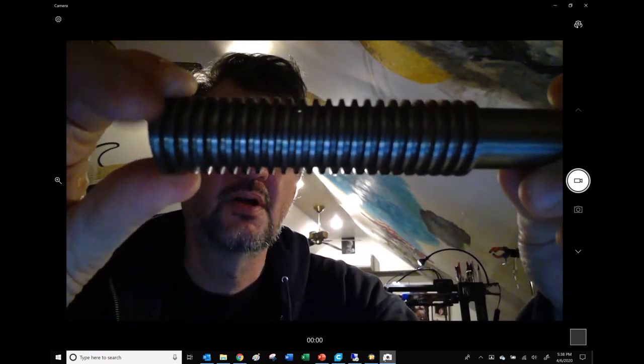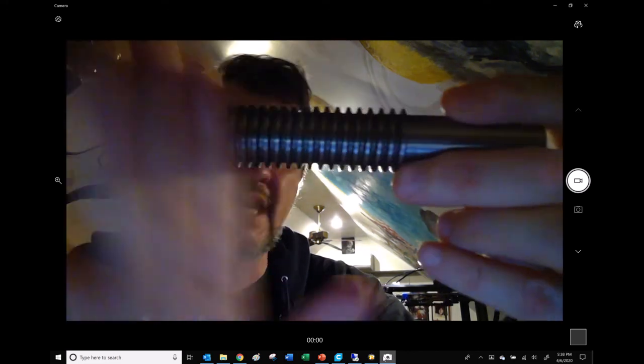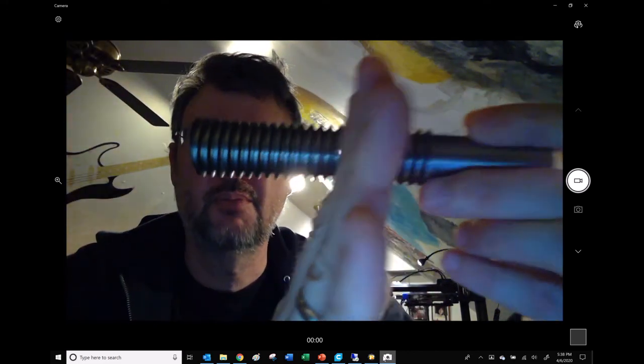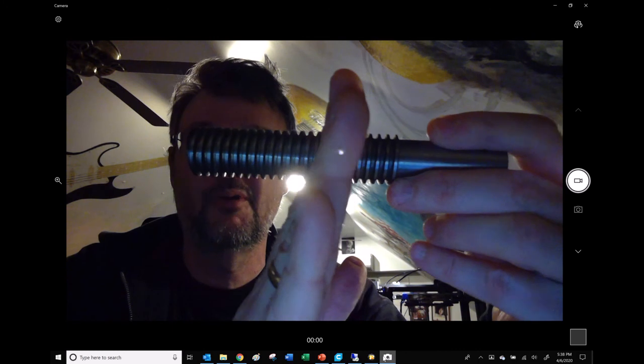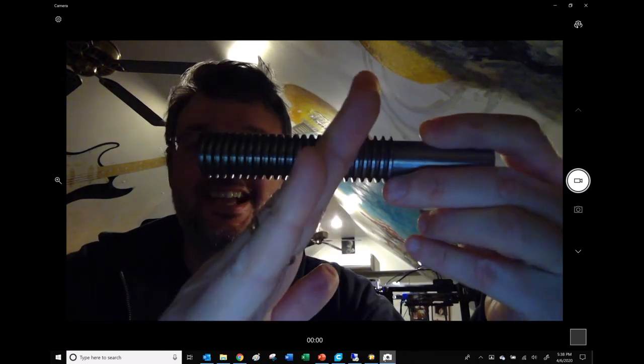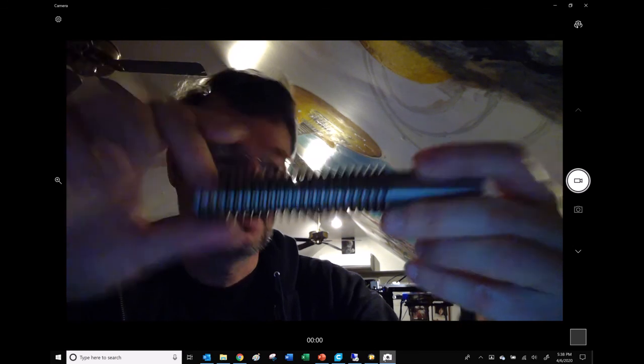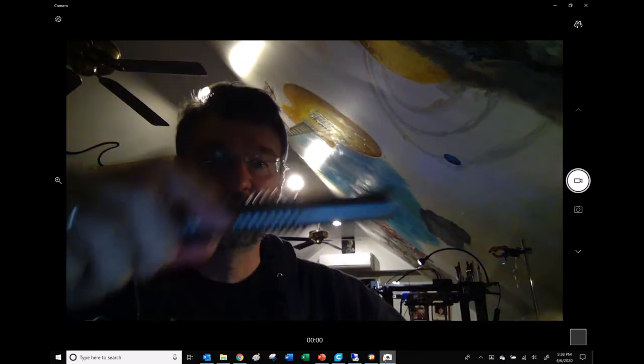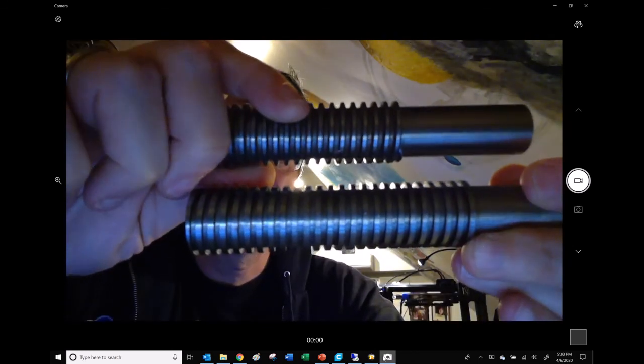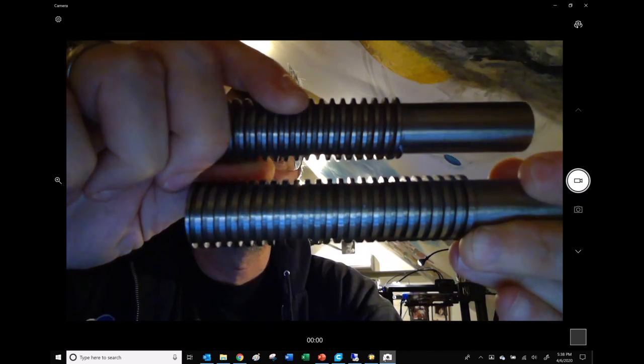There's like a taper, not a taper, but there's an angle to them. Instead of being perfectly perpendicular, there's an angle here and an angle here on top of these for the Acme. So holding them side by side, you could kind of see that there's a difference between them.